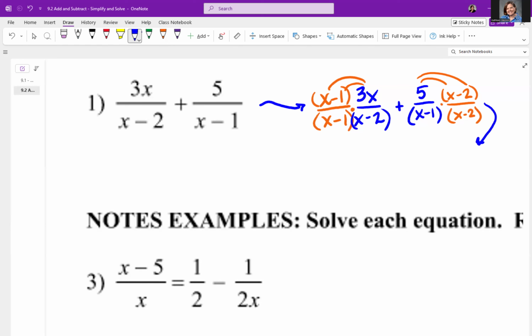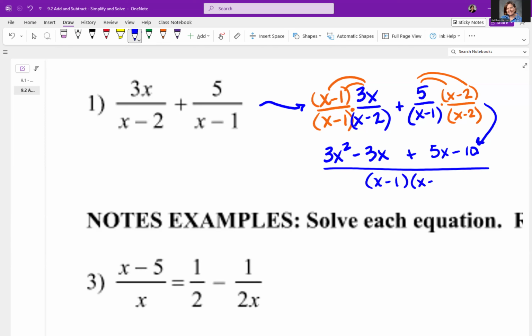Like this, 3x squared minus 3x plus 5x minus 10. And my denominator is x minus 1 times x minus 2.